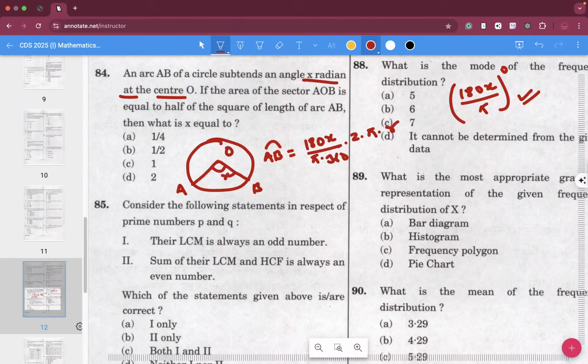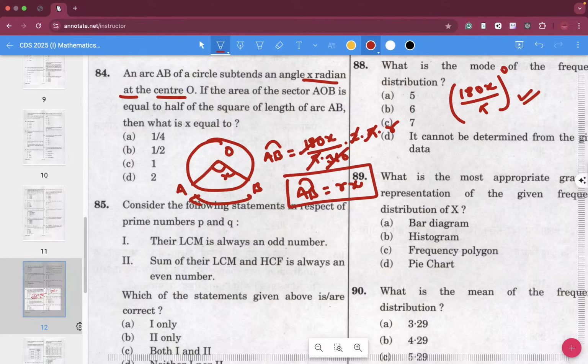This is the value of AB, the arc over here. So this cancels, this cancels, and this cancels. Which means the arc value AB is how much? r into x, right?